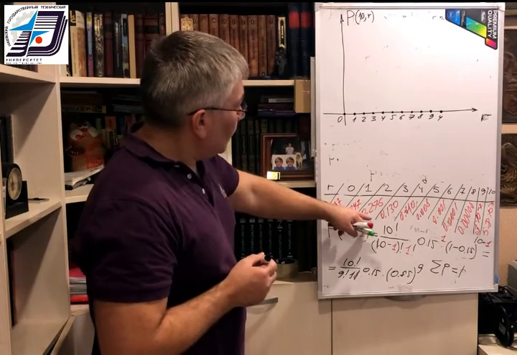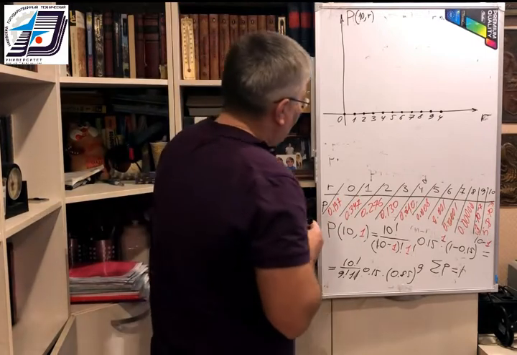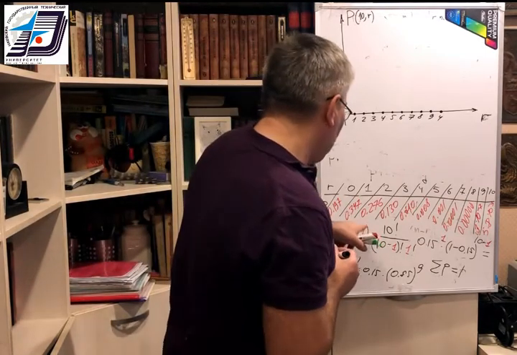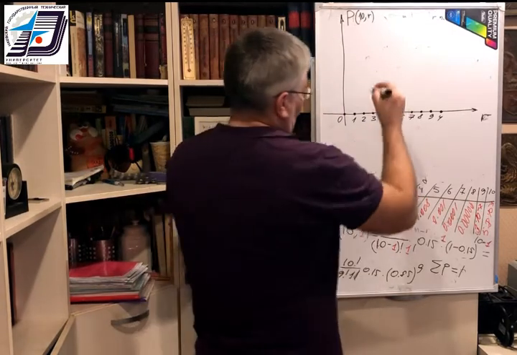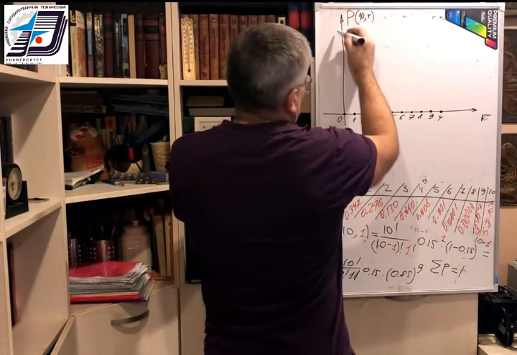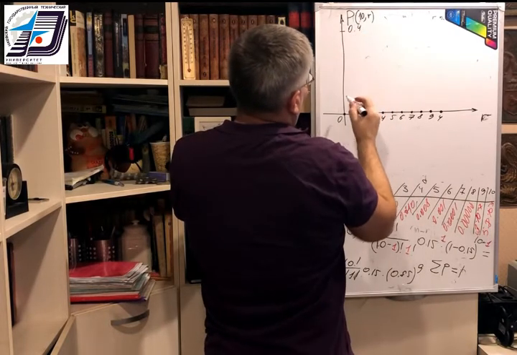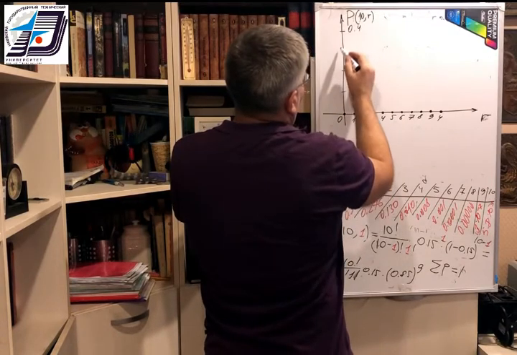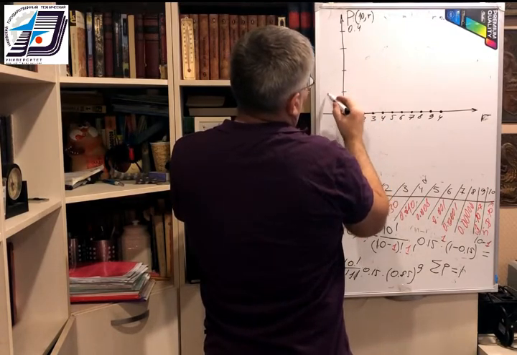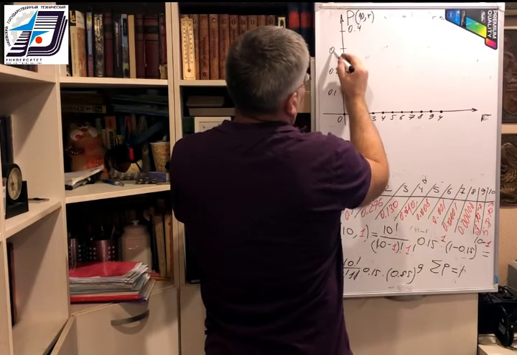And along the axis P, I have to cut the bars with lengths according to these P numbers. So the maximum is 0.3, so maybe this one is 0.4. Okay, this is 0.1, 0.2, 0.3.